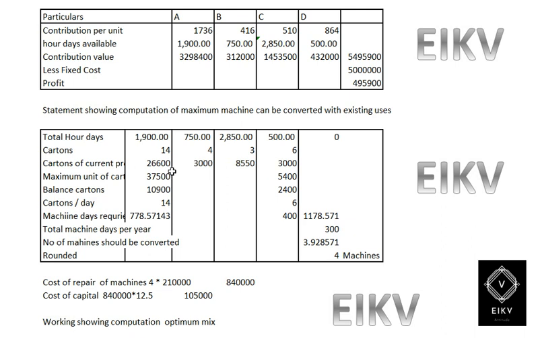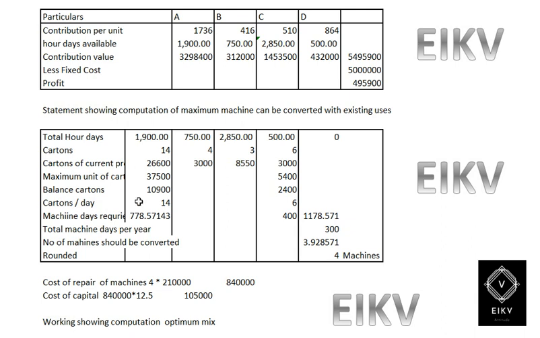When we deduct current production from maximum units, we will get the balance cartons which can be produced. That is 37,500 minus 26,600, which gives 10,000, and 5,400 minus 3,000 gives 2,400.